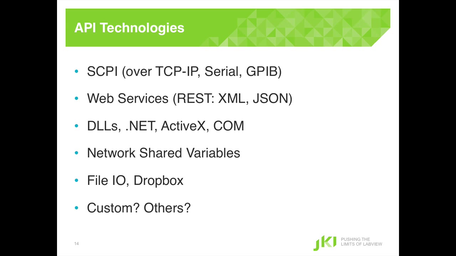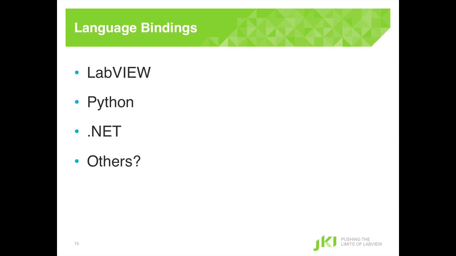There's a lot of work that's involved in developing the protocol, the connectivity, the security, and then the language bindings. So having an API, for example, if it's a SCPI API for an instrument, you need to create language bindings, or in the case of LabVIEW, an instrument driver.